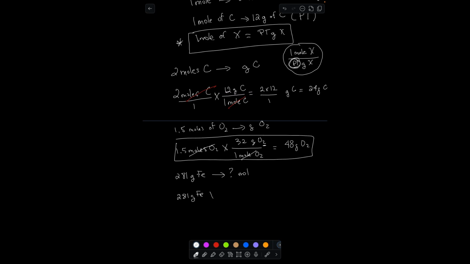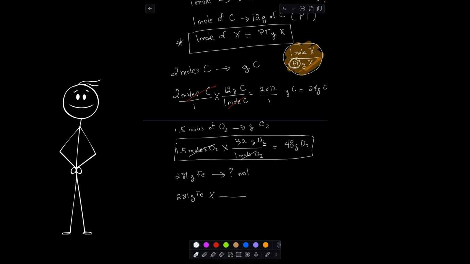Okay, now we have to convert that into moles. So that means we have to multiply by our unit converter. Our unit converter is, again, up here. We are going to have 1 mole of whatever element we're dealing with over the grams of that element. So should the moles be on top or the bottom?